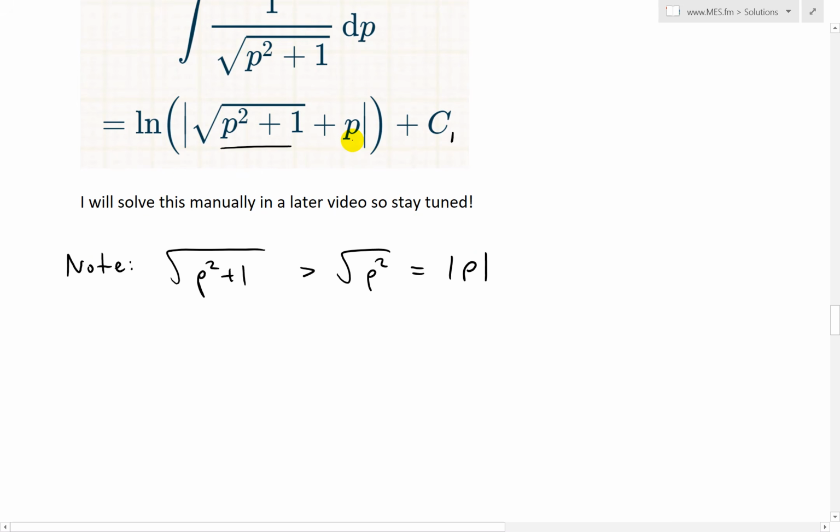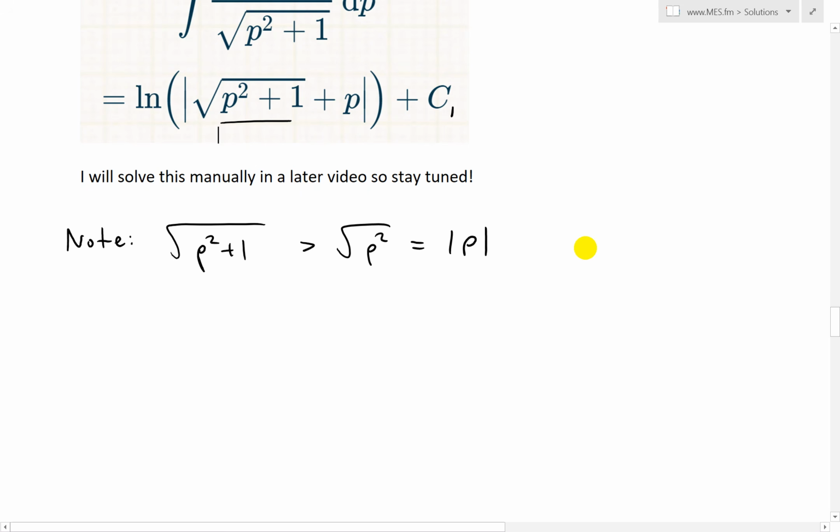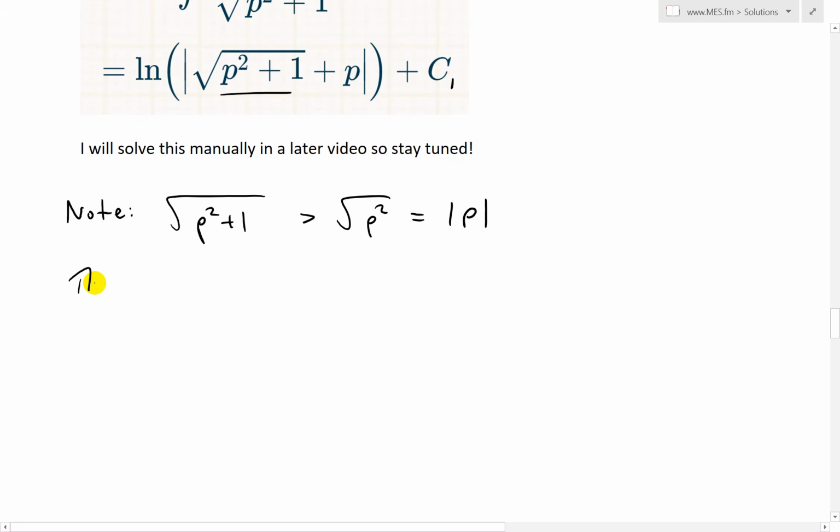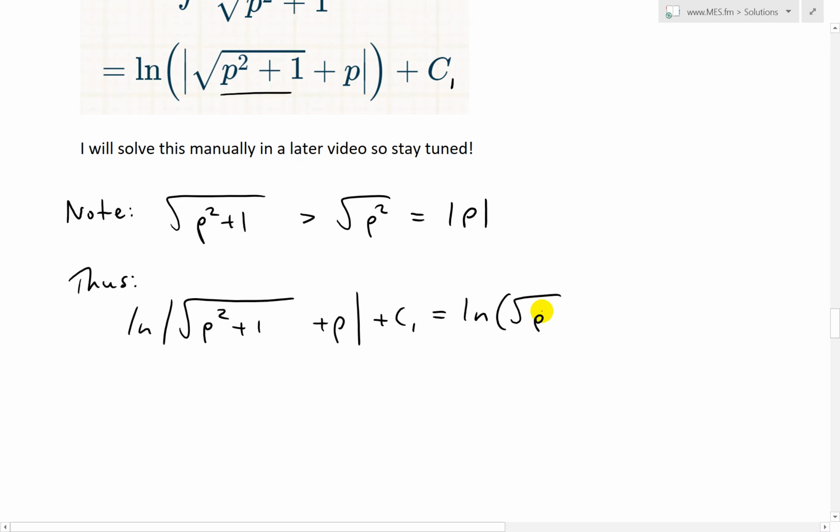Because if p is a negative number right here, the square root is always going to be bigger than that absolute value, and so it's going to be positive. They'll just cancel, you won't have a negative. So thus, ln of the absolute value of the square root of p squared plus 1, plus p, plus c1, equals ln of the square root of p squared plus 1, plus p, plus c1.